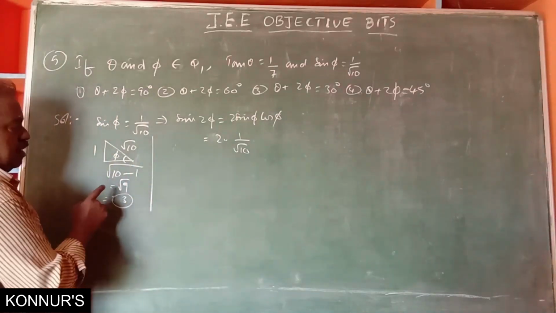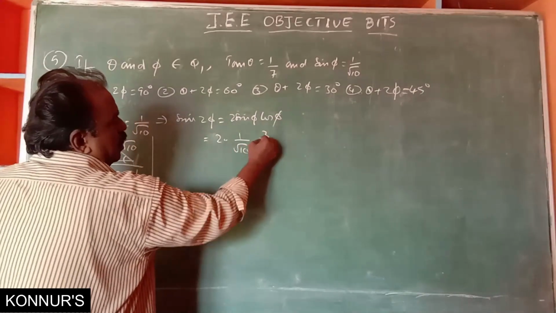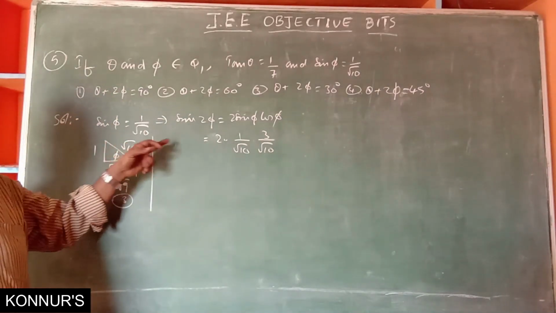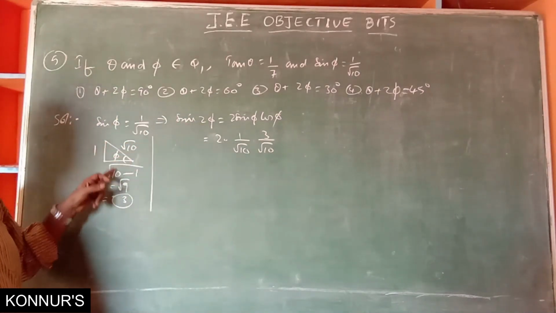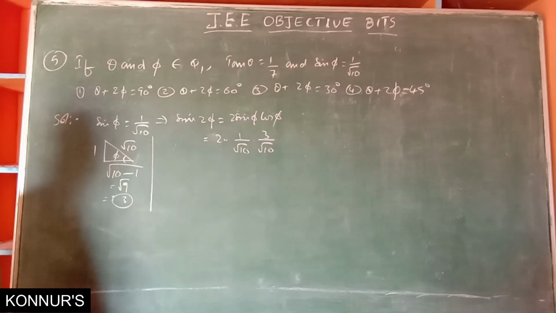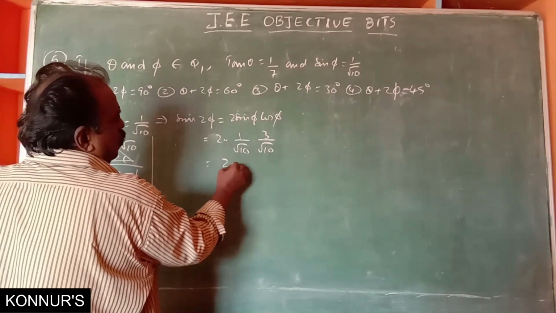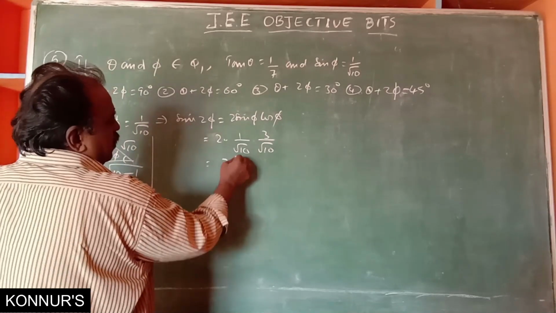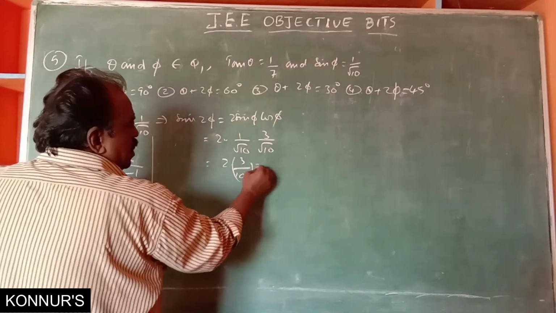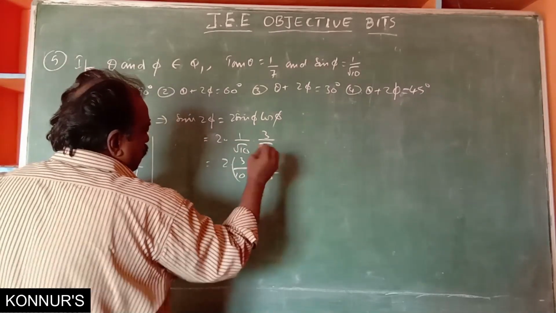Cos phi is 3 by root 10. In this triangle, cos phi is adjacent side 3 by hypotenuse root 10. So it is 2 into 3 by 10. Okay na? Root 10 into root 10, root 10 square is 10. It is nothing but 3 by 5.